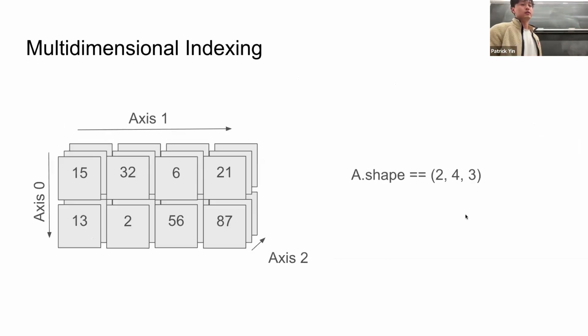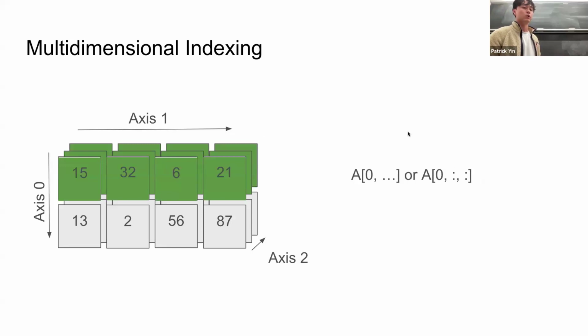Moving on, let's go into a little more complicated multi-dimensional indexing. Here, let's say we have an array of shape 2 by 4 by 3. So you have 2 dimensions here, 4 dimensions across axis 1, and then 3 dimensions down. If we want to index into this array, one example is, say we want to get the first row of the tensor.